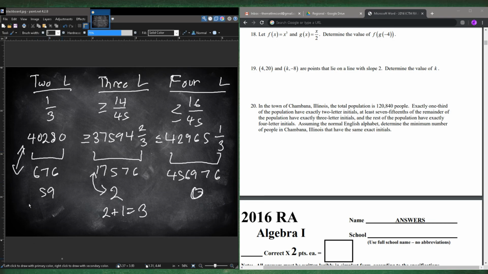So since there's a decimal, that tells us there must be at least 60 people, because 59 plus an extra one person, since that's the minimum amount, the amount that is remaining. So that tells us there's 60 people for 2 letters, 3 people for 3 letters, and 0 people for 4 letters. So that's a total of 60 plus 3 is 63.